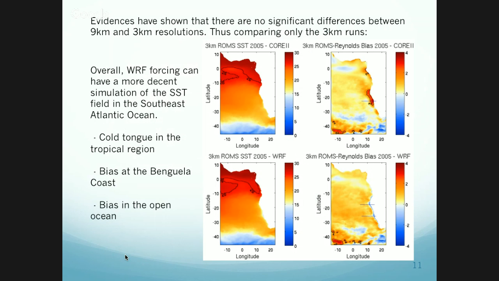What's the resolution of Reynolds SST? Reynolds SST, I remember it was like a half degree, if I remember right. Yeah, I think it's 1 degree. Basically, there are two versions of Reynolds SST, and we use the coarse resolution. Actually, that's a good point.